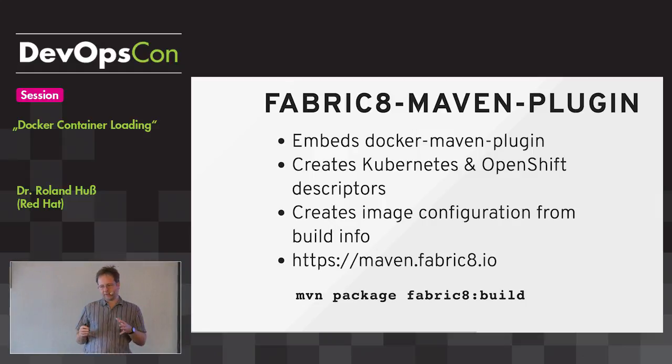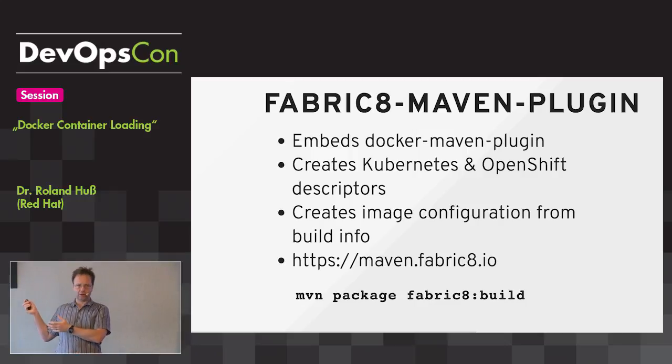And the main purpose for this plugin is to create some sort of Kubernetes and OpenShift descriptors to bring your application not only on Docker, but also on these orchestration platforms, Kubernetes and OpenShift. But this is not the point here, but it's also a nice side effect. So you can simply create automatically all the stuff which you need to get them on these platforms.